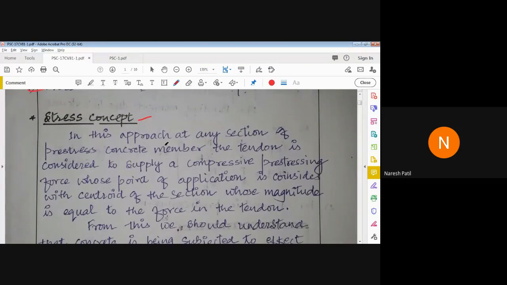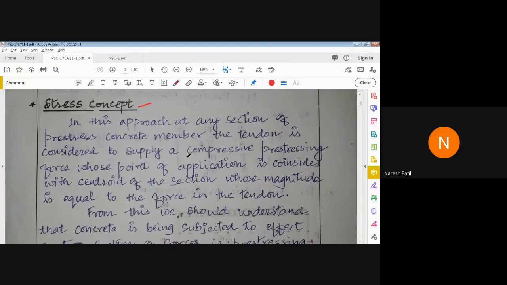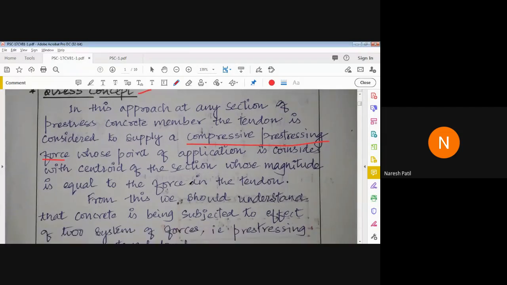Okay, so in this approach, at any section of a pre-stressed concrete member, the tendon is considered to supply a compressive pre-stressing force whose point of application coincides with the centroid of the section.